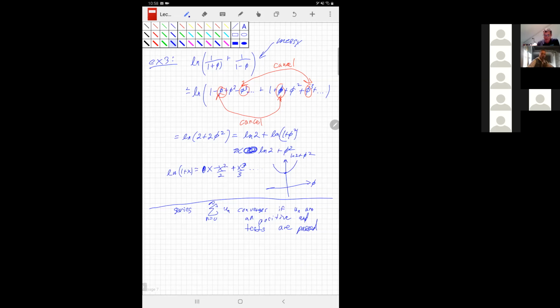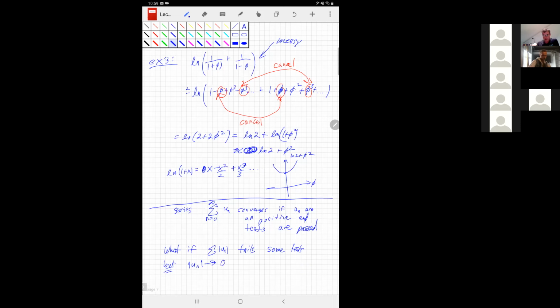But one thing we could ask is, okay, what if the absolute values fail these tests? What if the sum of absolute value of u sub n diverges, but u sub n does go to 0, right?